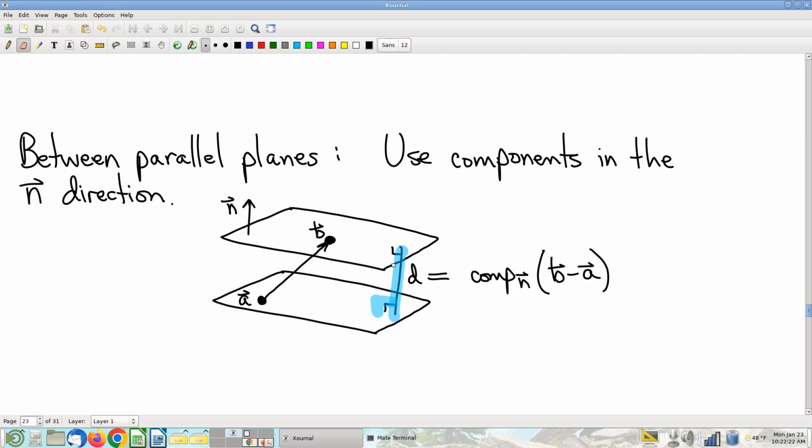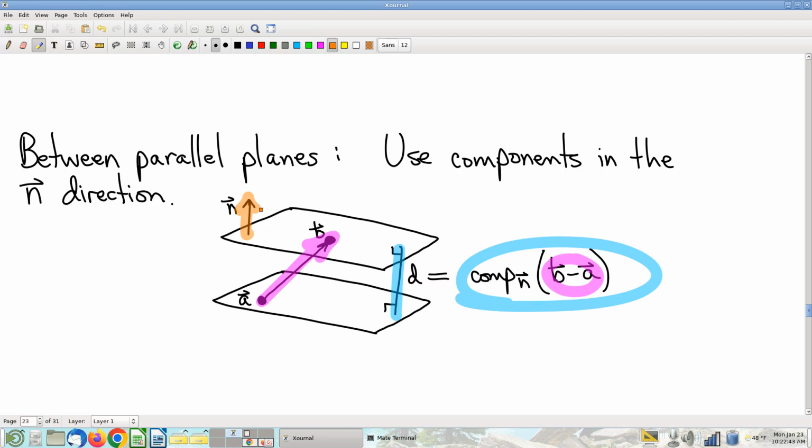All right. So how to compute that? A wonderful little observation is that the distance is literally the component of any displacement vector between the planes in the direction perpendicular to the plane.